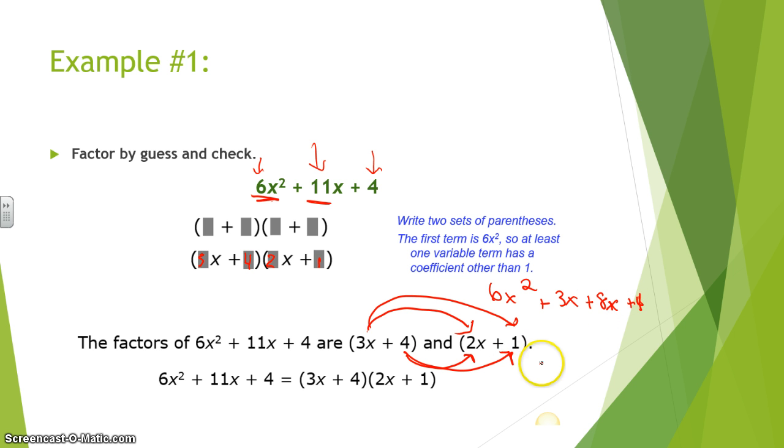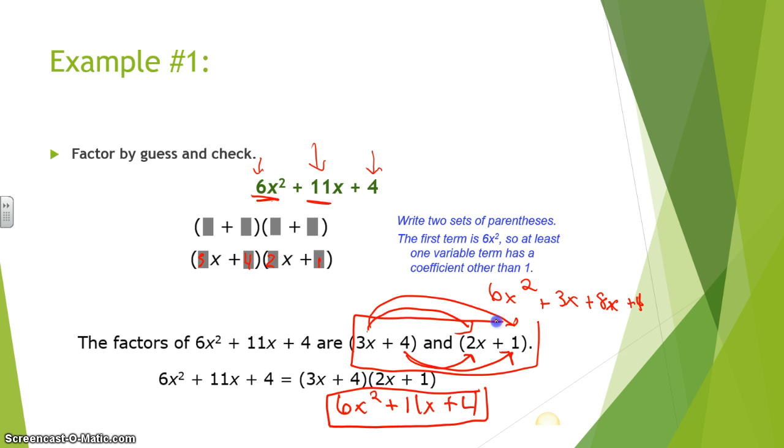So when you combine like terms, you're going to get a final answer of 6x squared plus 3 plus 8 is 11x plus 4, and that checks itself out. So 3x plus 4 and 2x plus 1 are the factors of this trinomial 6x squared plus 11x plus 4. Again, this was the guess and check method.